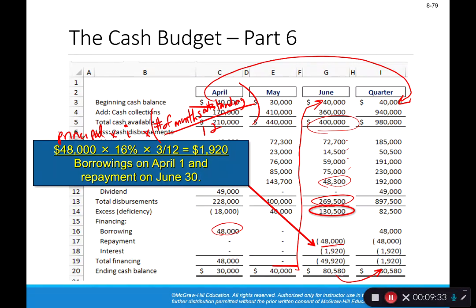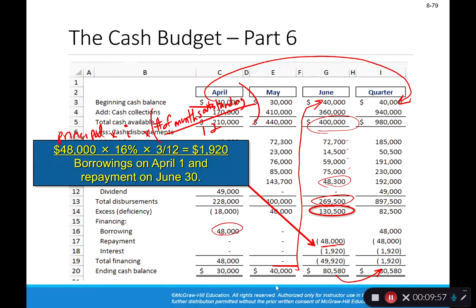We don't add those across. So balance sheet items, we don't add across. So the ending cash is either from the beginning or the end of the quarter, whereas all of the cash receipts and disbursements get added across because cash flows are for a period of time, whereas the ending cash balance on the balance sheet is at a point in time.